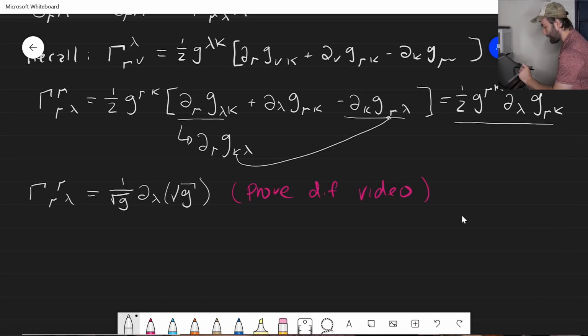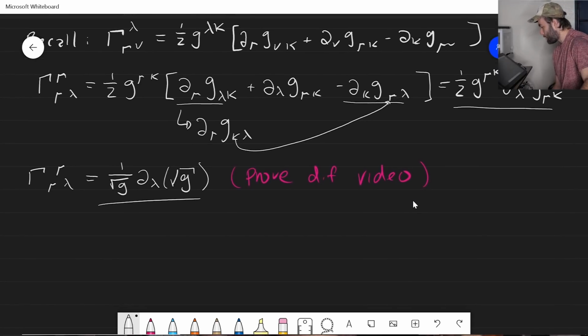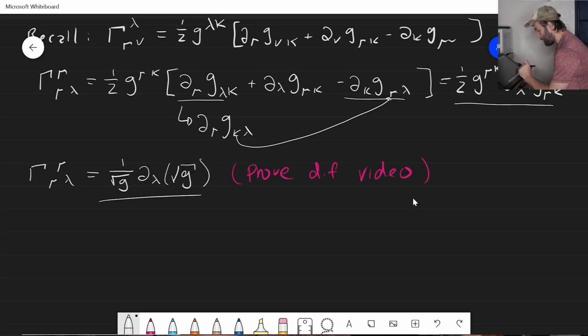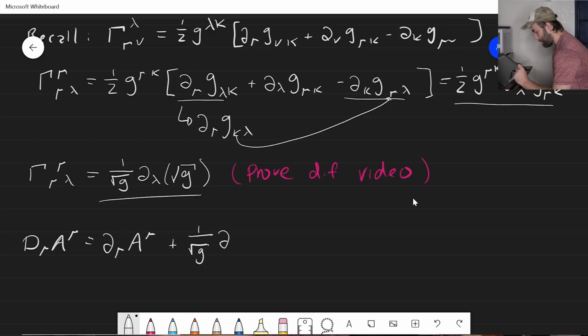So we're just going to use this expression here, and we're going to substitute it into our definition for the covariant divergence. The covariant divergence then becomes ∇_mu A^mu is equal to d_mu A^mu plus 1 over root g d_lambda of root g A^lambda.